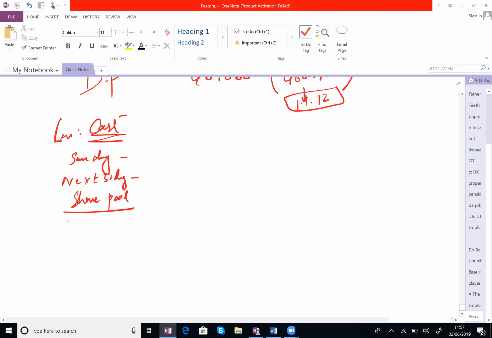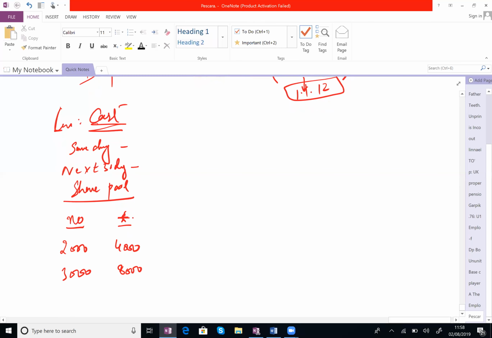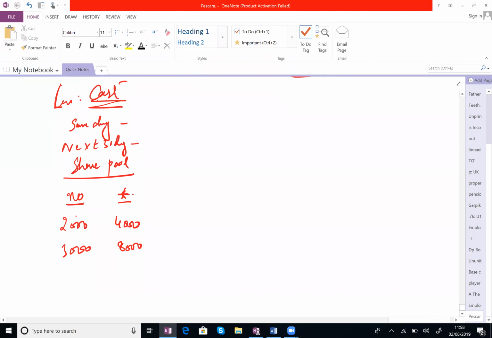In the share pool you make two columns: number of shares and cost. From start to end, all the shares and costs you write down. Firstly, you purchased 2,000 shares for £4,000, then 3,000 shares for £8,000, and 2,000 shares for £19,900.